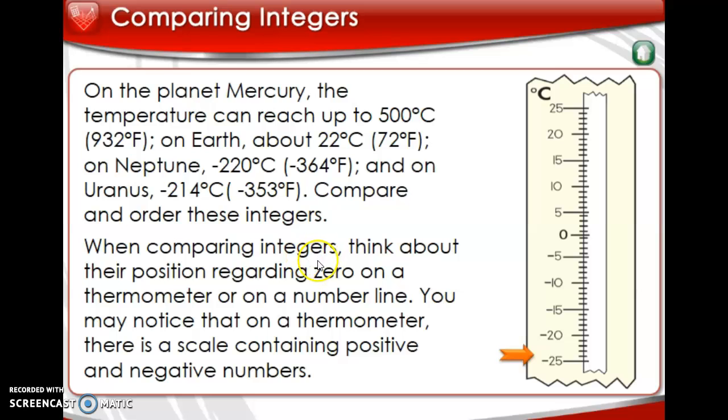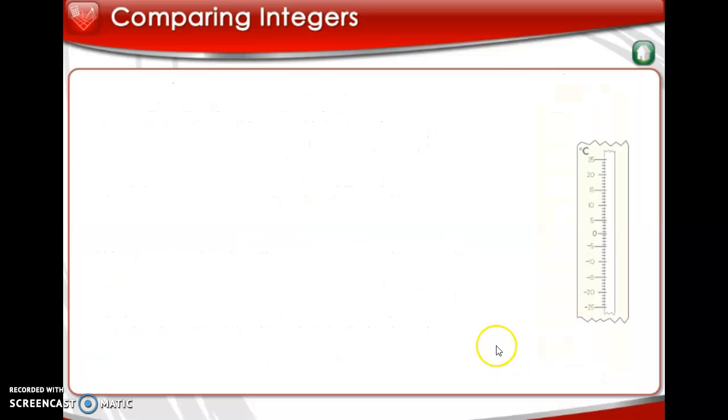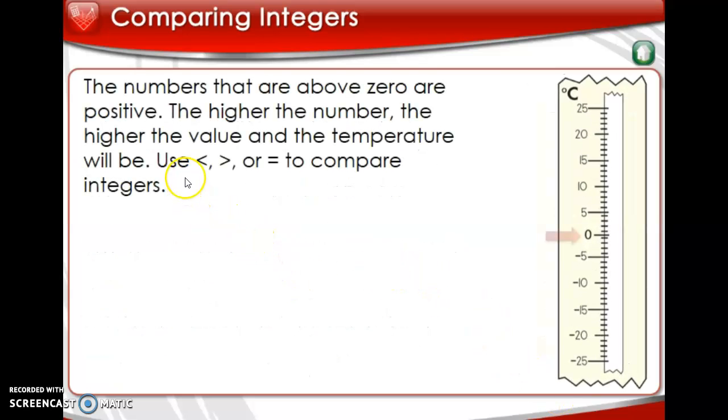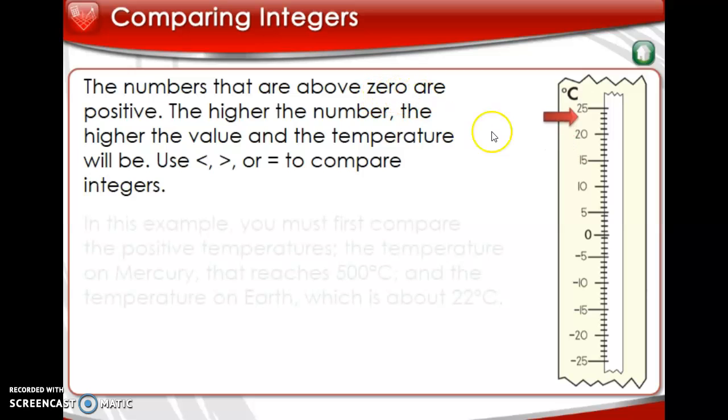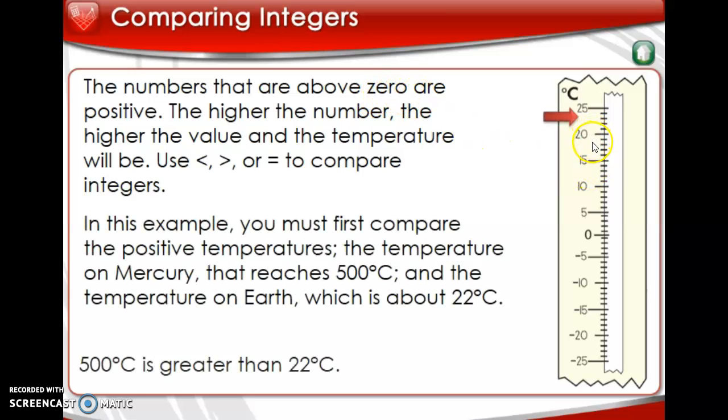When comparing integers, think about their position regarding zero on a thermometer. We have 0 here. You may notice that on a thermometer, this scale contains positive and negative numbers. The numbers that are above 0 are positive. The higher the number, the higher the value, and the temperature.